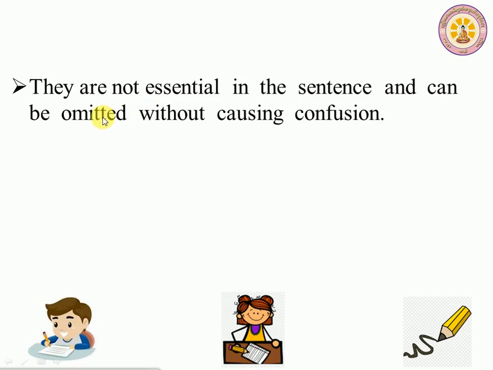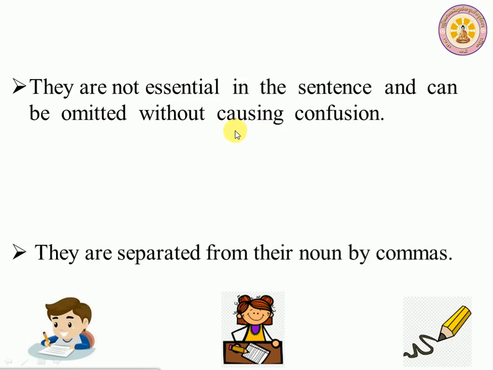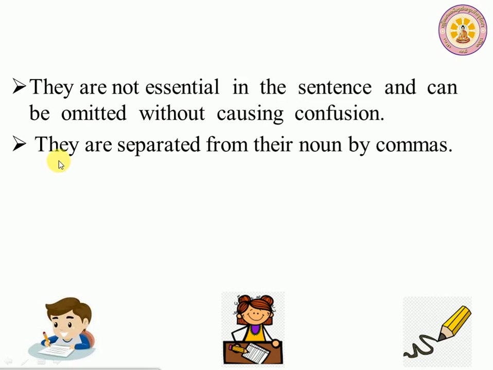We can erase the relative clause without causing confusion. They are separated from their noun by commas. So when the non-defining relative clause is used, commas are also used to separate it.